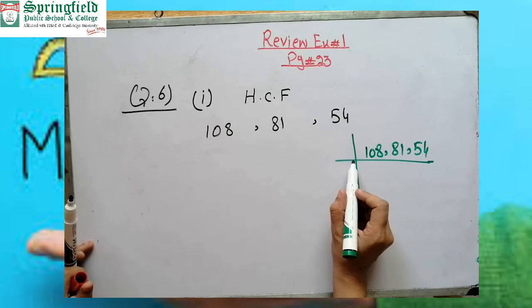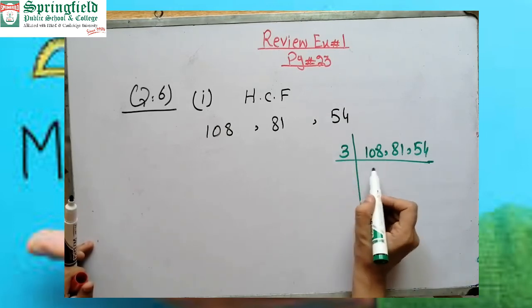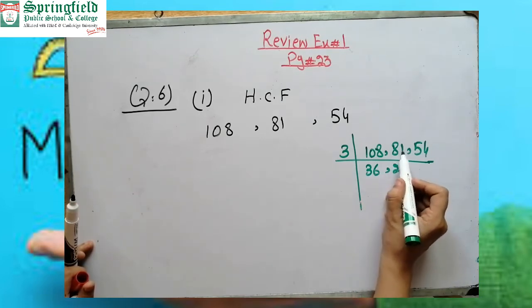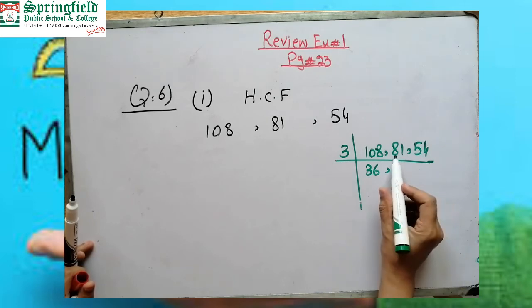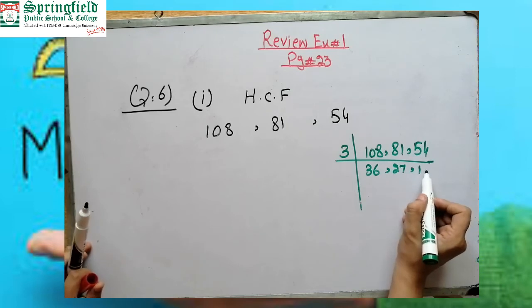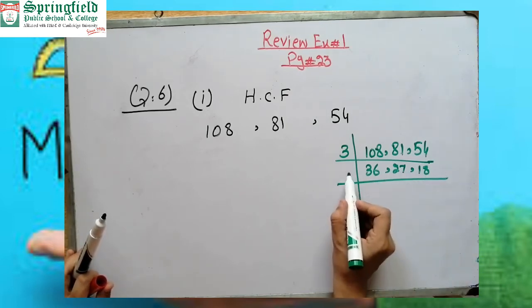So we will take their table in which all the numbers come. So table of 3: 3 threes are 9, 3 sixes are 18, 3 twos are 6, 3 sevens are 21, 3 ones are 3, and 3 eights are 24.